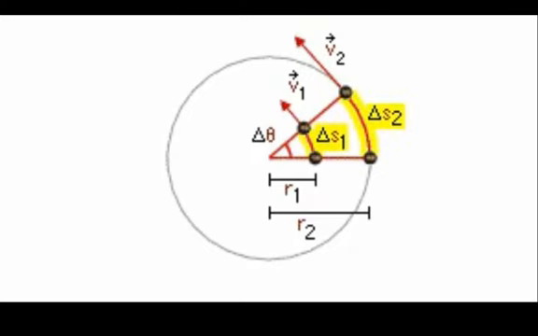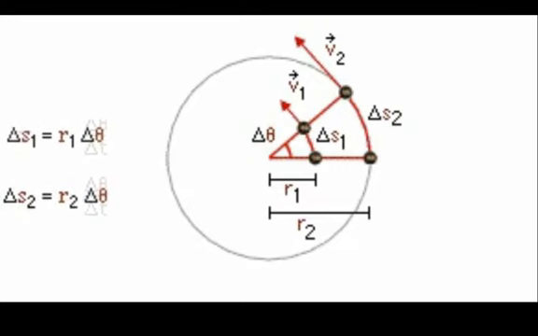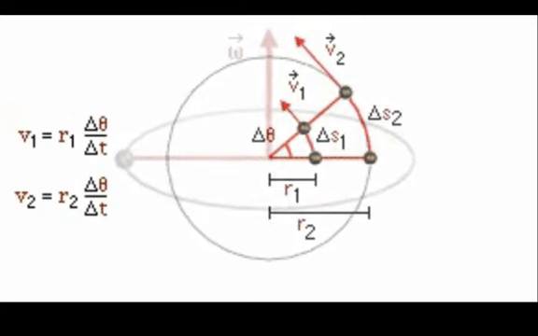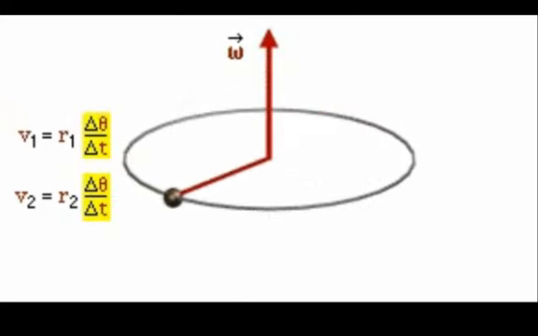The small distance, delta s, that an object moves when rotated through a small angular displacement is r times delta theta. Dividing both sides by a small time interval gives the linear speed equal to r times delta theta divided by delta t. The angular displacement divided by the time interval is called the angular speed.